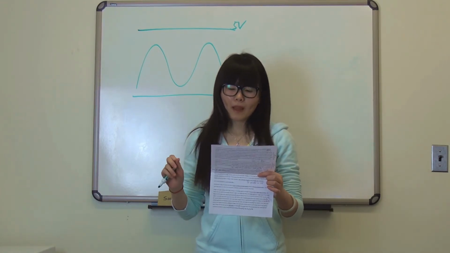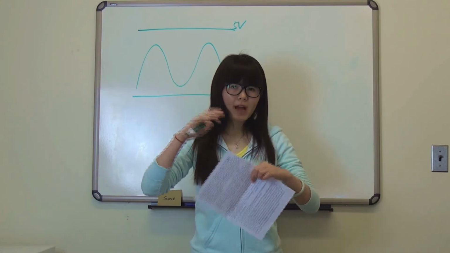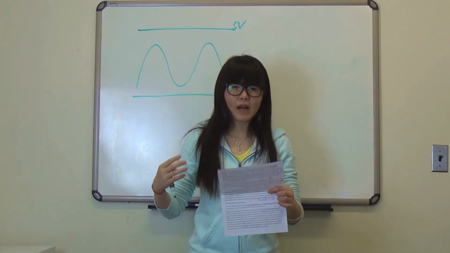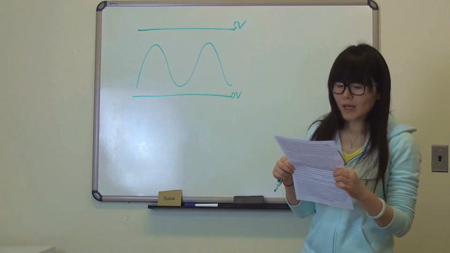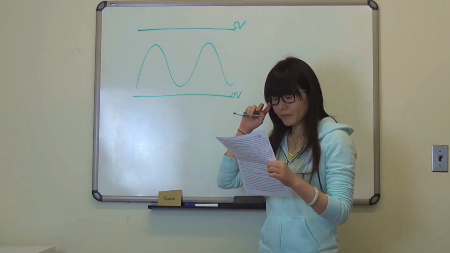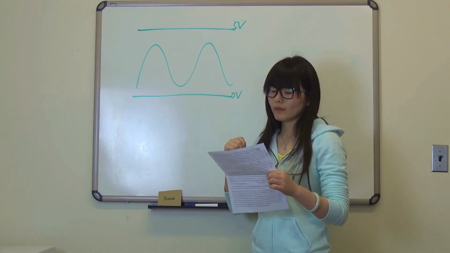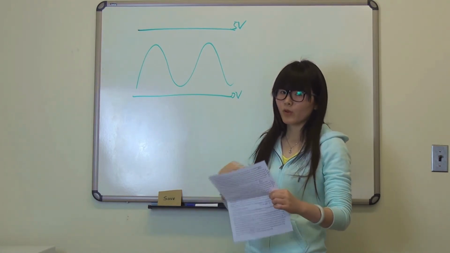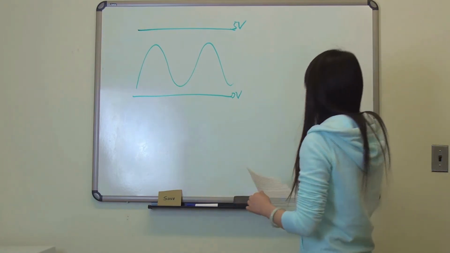So what happens if we have some value between 5 volts and 0 volts? What will the digital value be? The way that works is that we have some kind of threshold voltage.